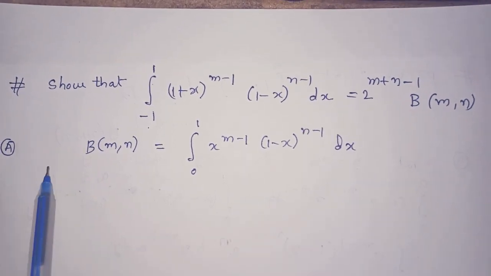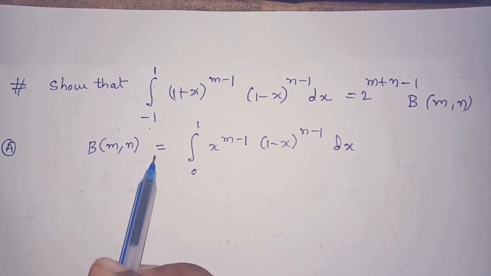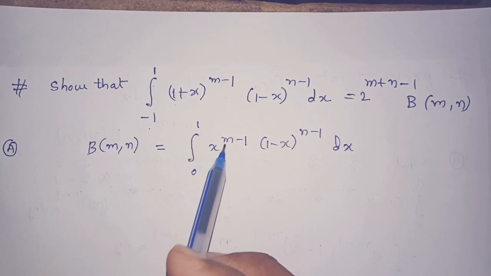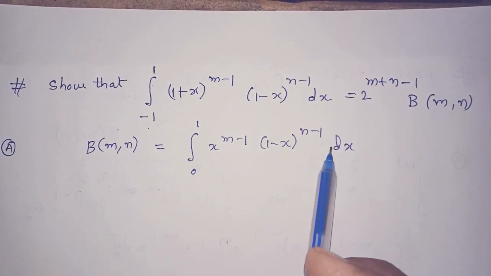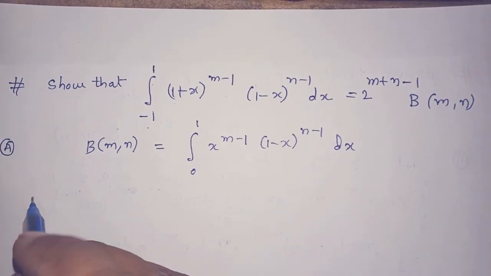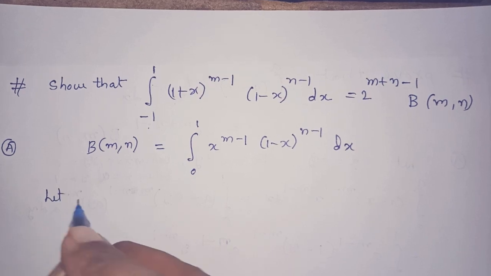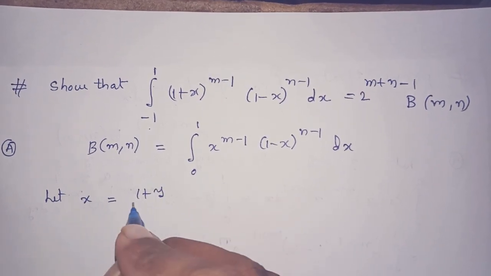As per the definition of beta function, we have B of m, n is equal to the integral within limit 0 to 1 of x to the power of m minus 1, (1 minus x) to the power of n minus 1 dx. Now let us consider the transformation x is equal to (1 plus y) by 2.